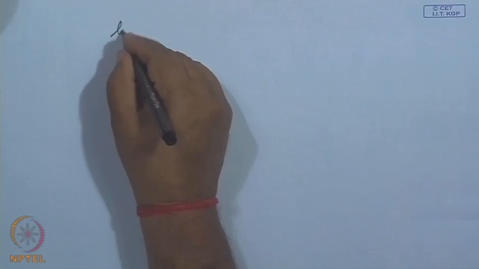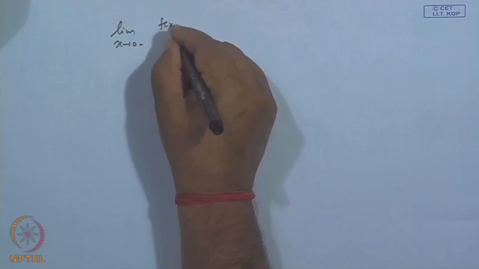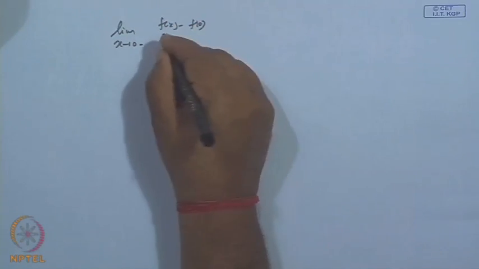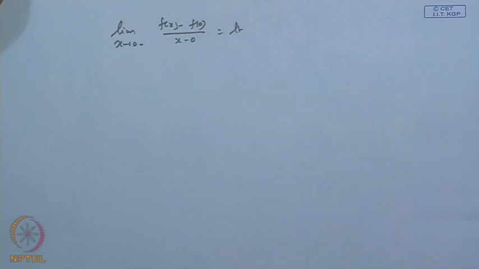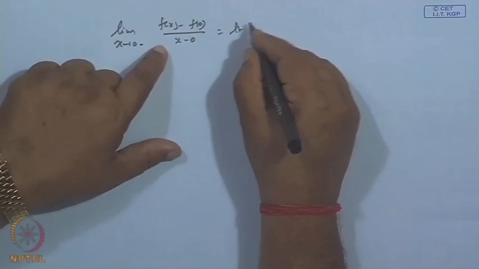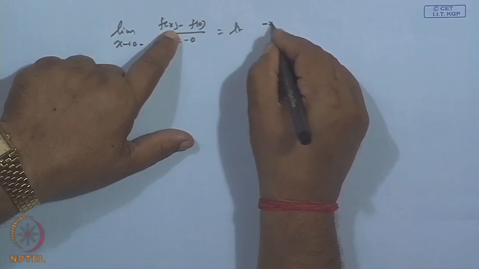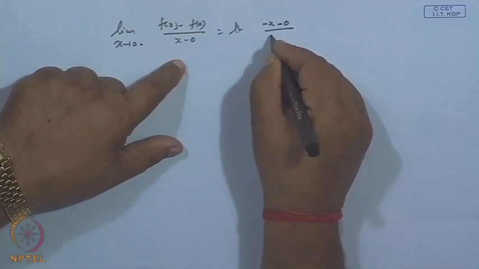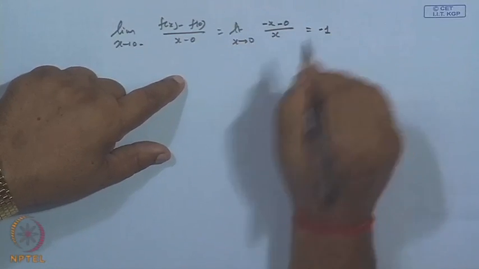When x tends to 0 minus, (f(x) - f(0)) / (x - 0): f(x) equals |x|, which is -x when x is negative. So it is (-x - 0) divided by x as x tends to 0, and that comes out to be -1.